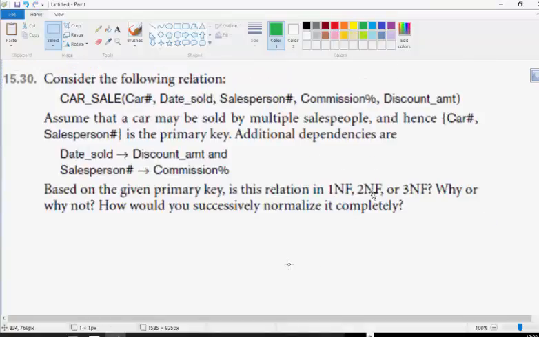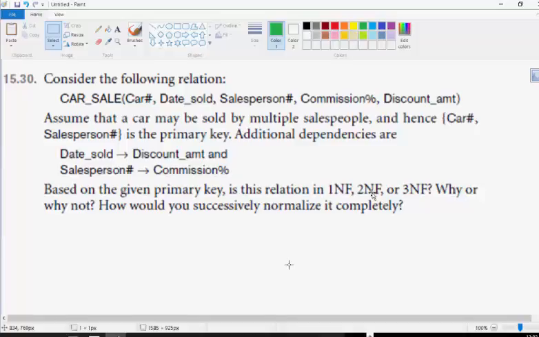So you have a car sale table, right? And the car sale has car number, date sold, salesperson, commission, and discount amount. It says assume that a car may be sold by multiple salespeople, and hence car number, salesperson is the primary key.